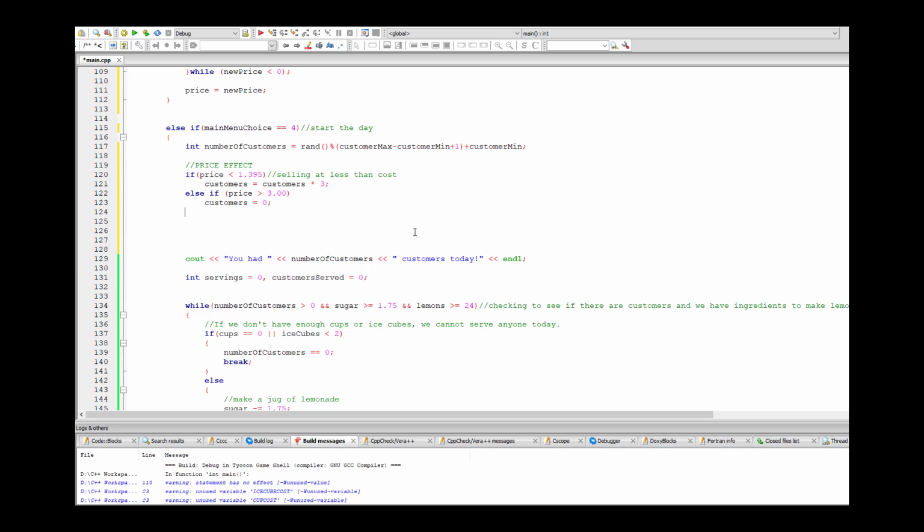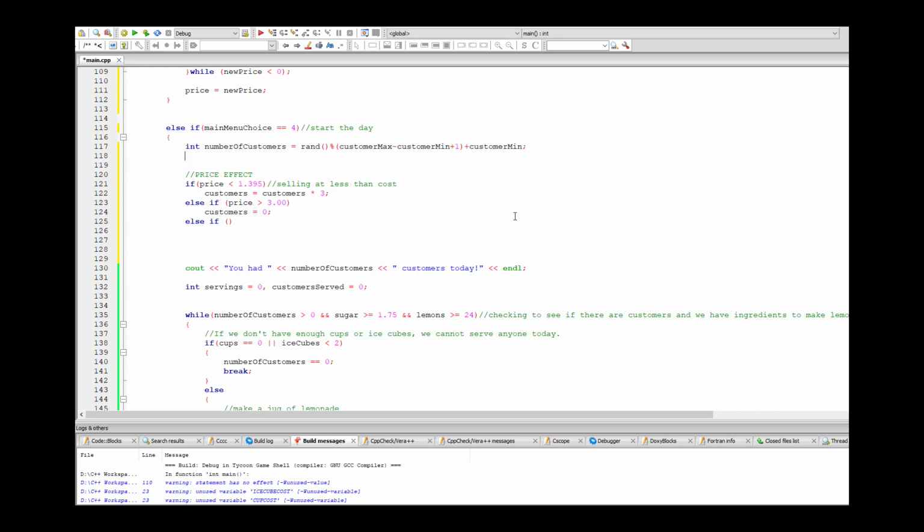Okay, so what do we do with all the prices in between? Okay, so what we have to do is we have to actually calculate some price threshold, and this could change from day to day. Okay, now what I will do is I will say double good price threshold.